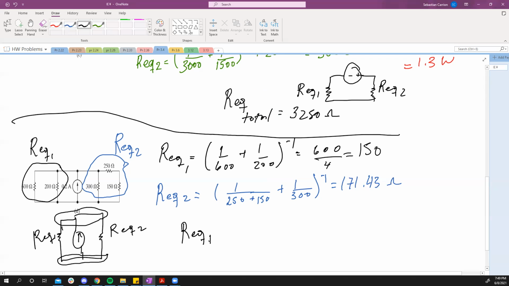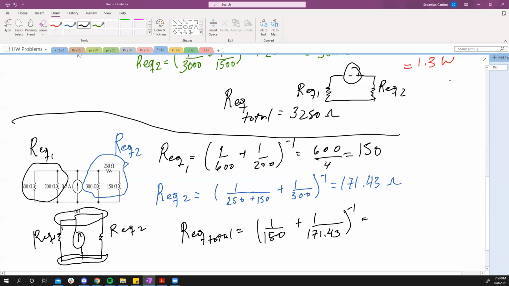So then our equivalent total would be 150, right, plus 1/171.43, to the -1. So I used the total value.